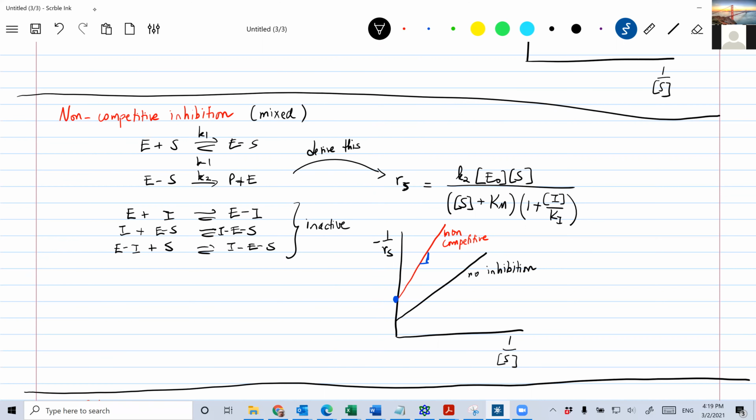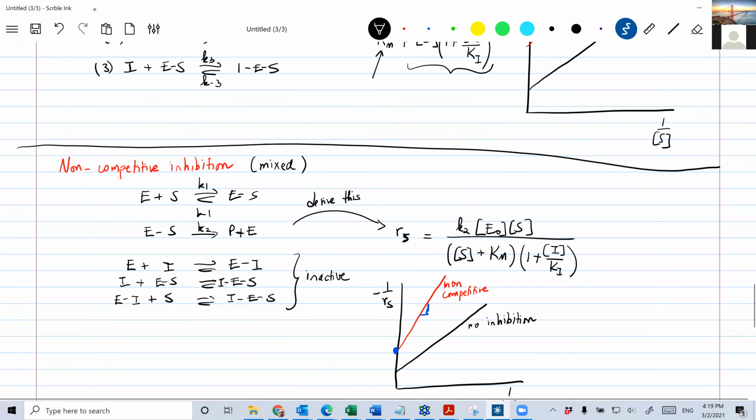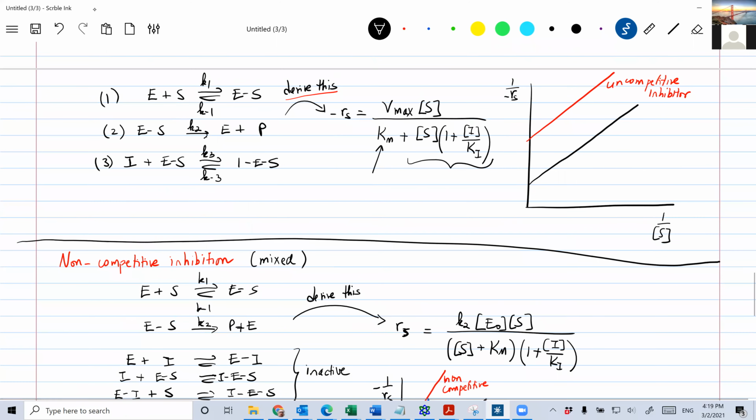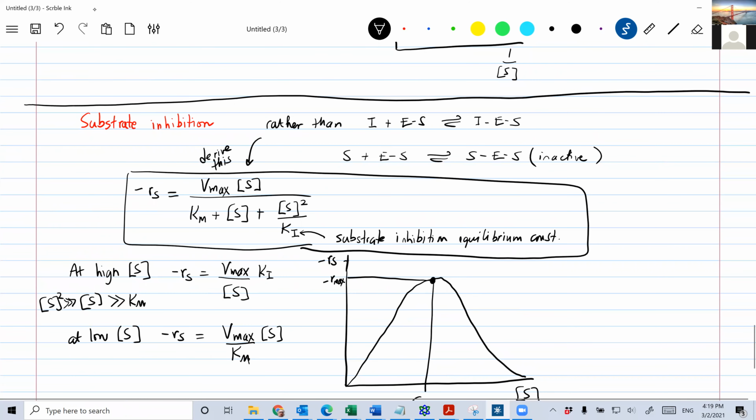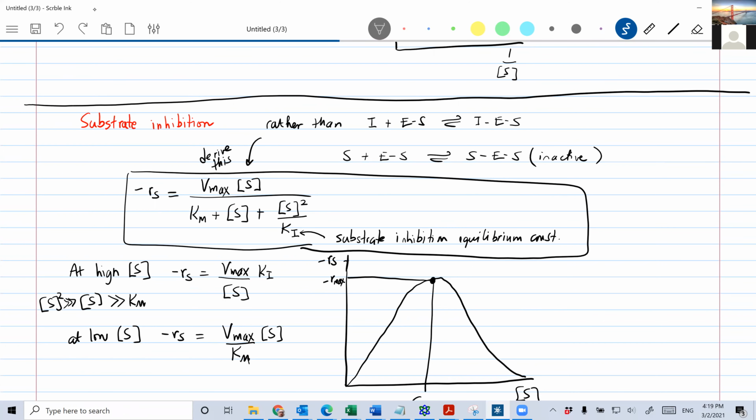So either on your homework or the exam, you'll be asked to derive one of those three, either this one or the last one. And if you follow your rate limiting step and the approach of equilibrium of the other steps that are not rate limiting, that should be a piece of cake. Just keep track of your variables. That's the harder part of this approach.